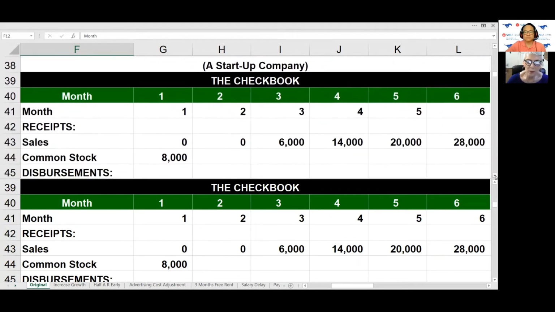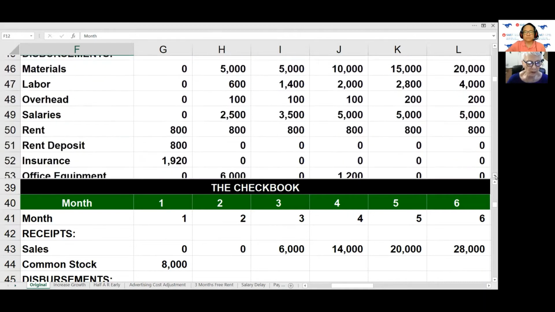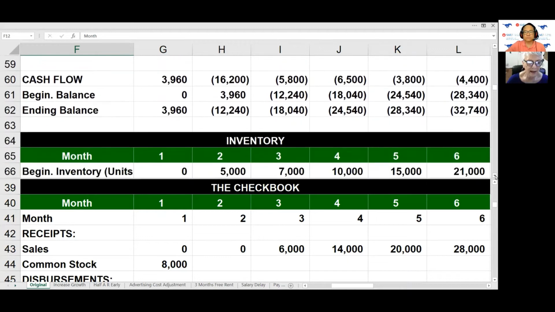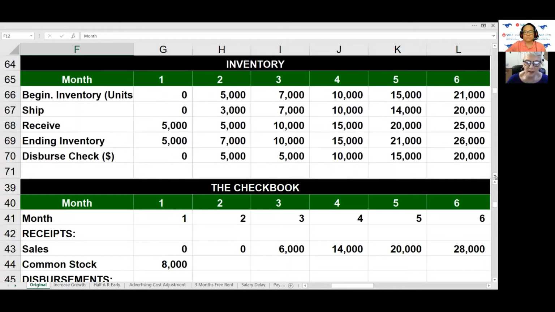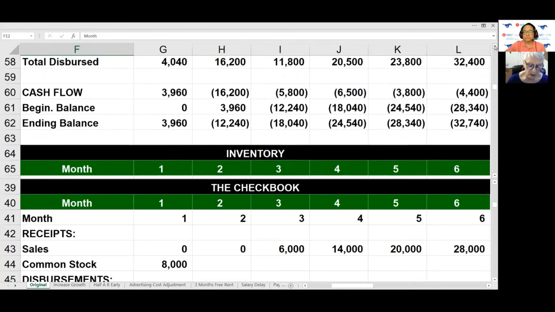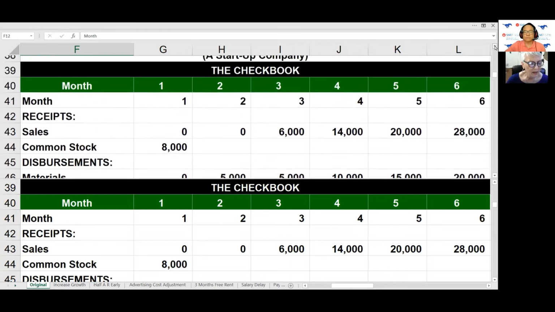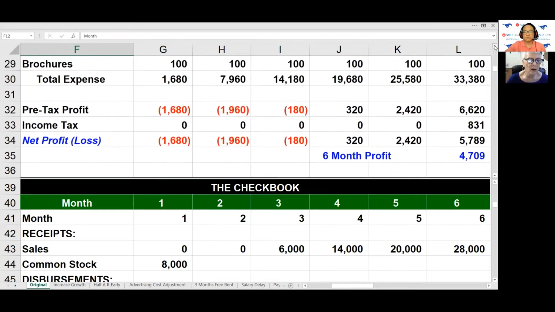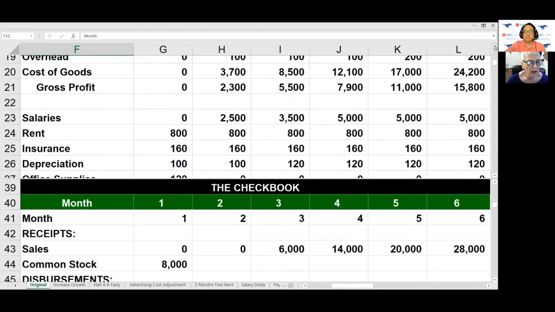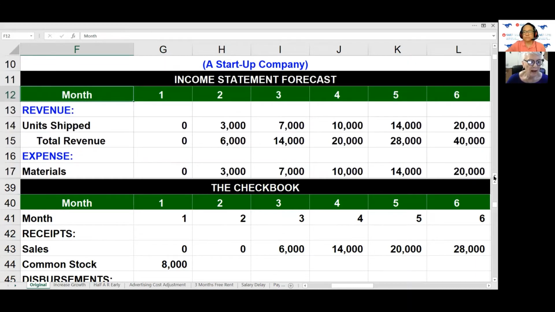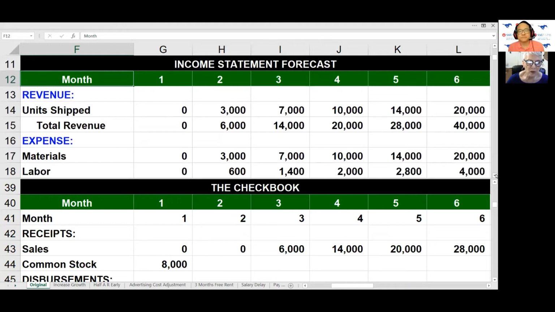There we've got the net profit, and now we go on down to the checkbook and just scroll on down, and we've got our ending cash balance and our inventory down there. And our spreadsheets are all interconnected, and they're set on manual calculate. So when we change a number, we'll be able to pull up the profit and the cash flow ending balance and see what's going on as the numbers calculate.